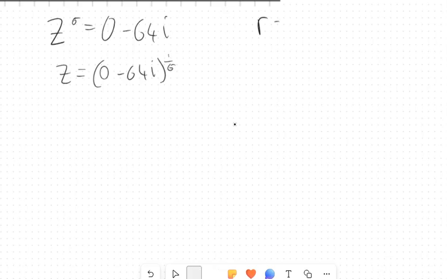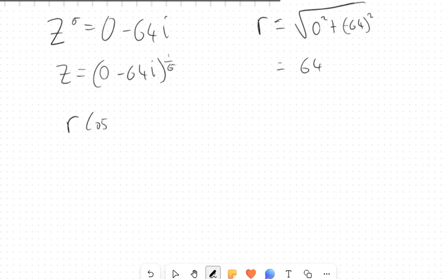Therefore r is equal to the root of 0 squared plus minus 64 squared. And it will just be 64. And that's always how we get r. And so our polar form is r cos theta plus i sine theta.